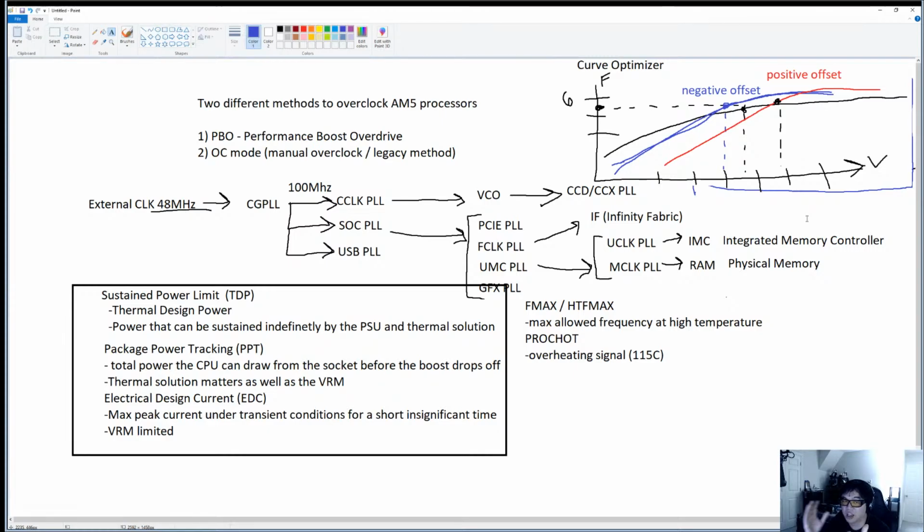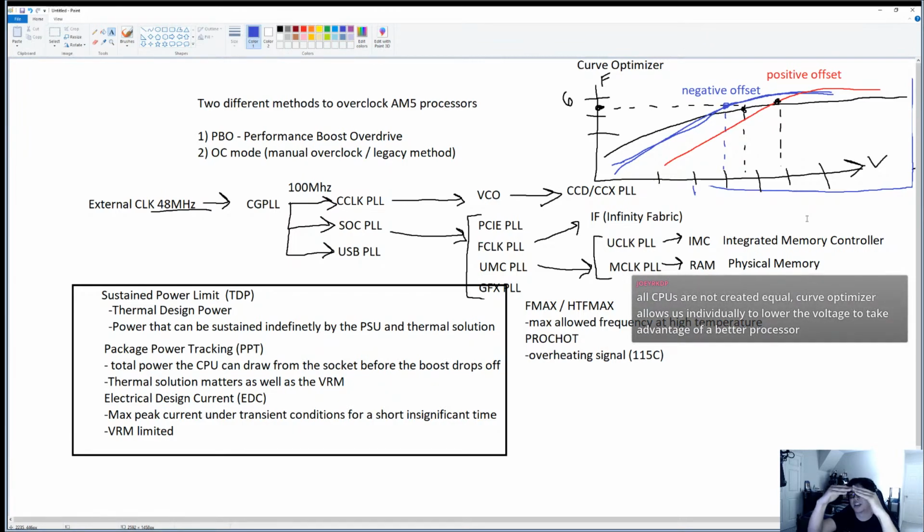So it's kind of like undervolting in a way. But it's a little bit more intelligent than that, because it's figuring out the actual voltage value for that given frequency based off of the original curve. But then when you're putting that negative number in there, it's actually changing the shape of that curve.